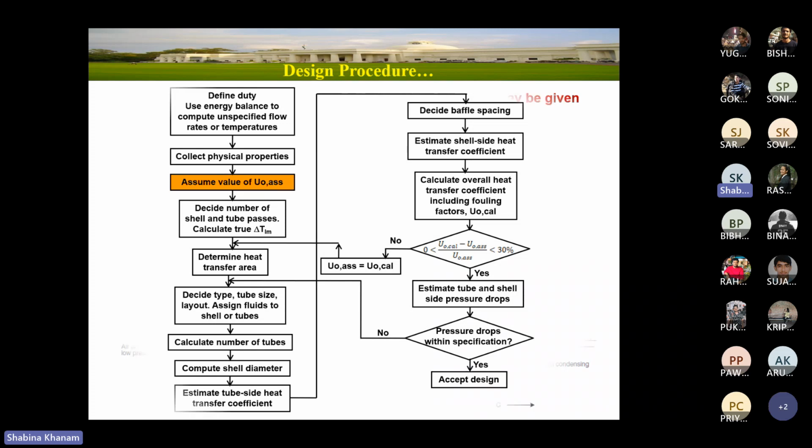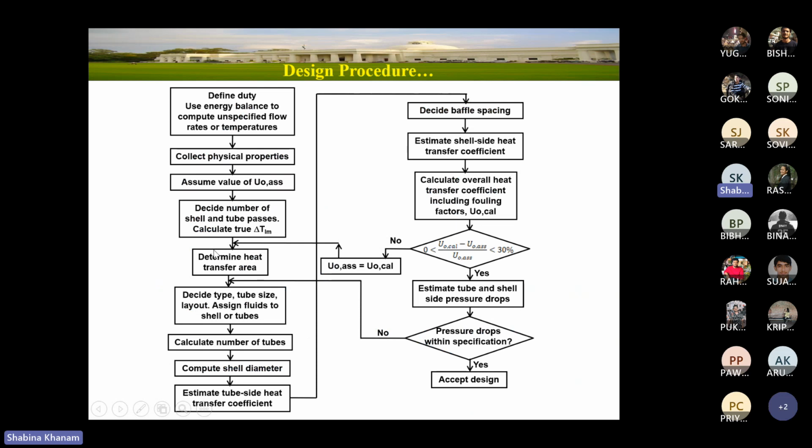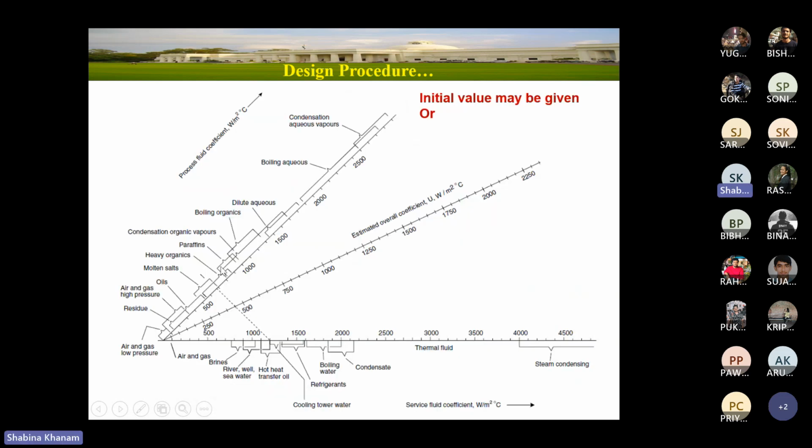And that we have already discussed before, that we will use this graph available in volume 6. So I have already explained that for any fluid you can trace, let's say you are having paraffin or something, you need to locate that in the middle, and then locate the surface fluid, or the second fluid.